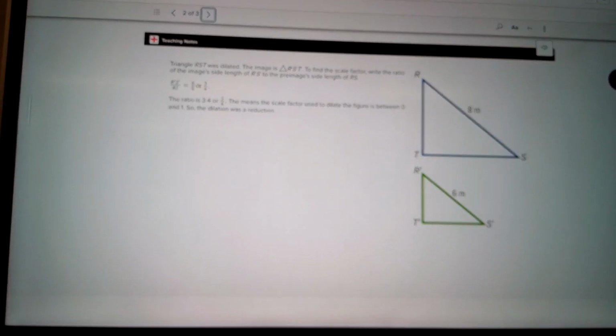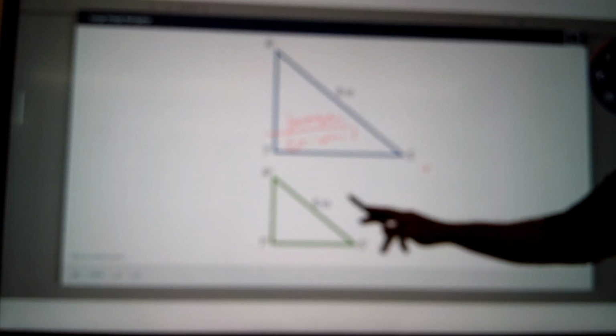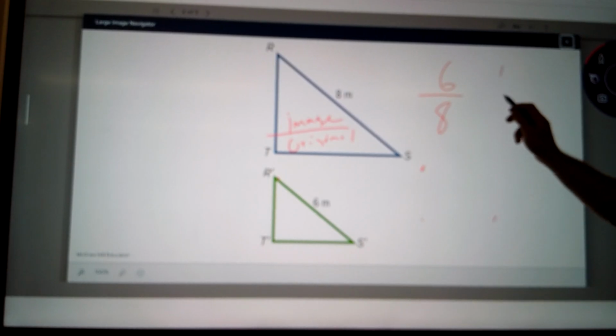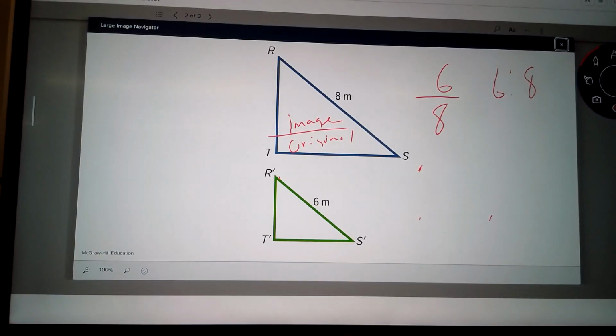For this example, again, we want to do the image over the original. So in this case, the image, remember you're always looking for those little prime marks right there. The only thing we know is that this right there is 6. I put that over the original 8. I could write 6 to 8 this way, but we can reduce that, right?